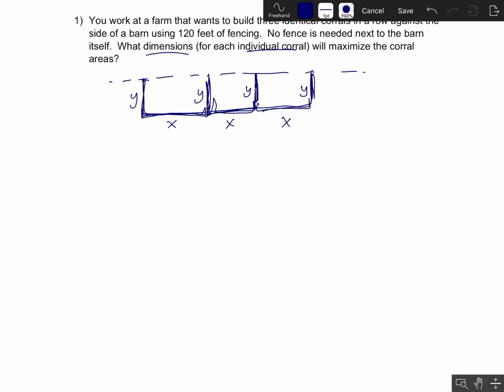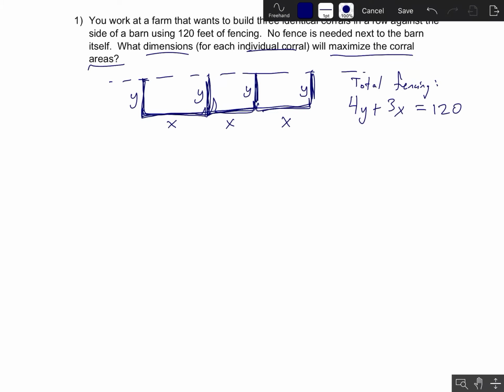So if we only have 120 feet of fencing in total, what we can see from this is we already have one relation between our variables, and that's that 4 times y plus 3 times x, that's one way of representing the total fencing. But we have another way of representing the total fencing, which is that we're told that we only have 120 feet total of fencing.